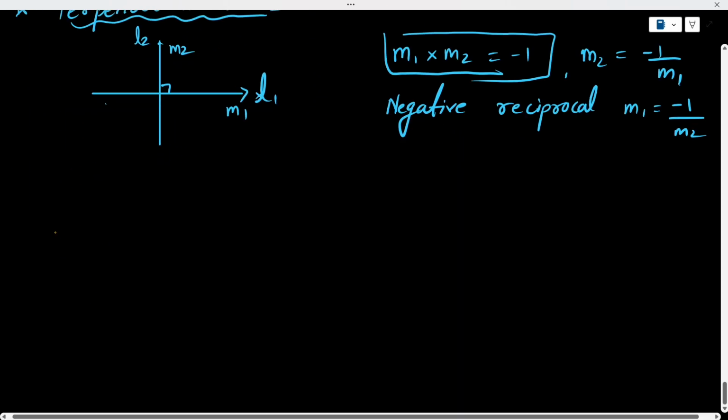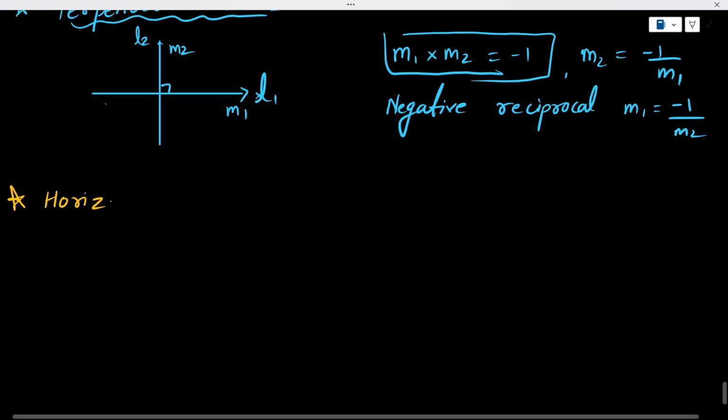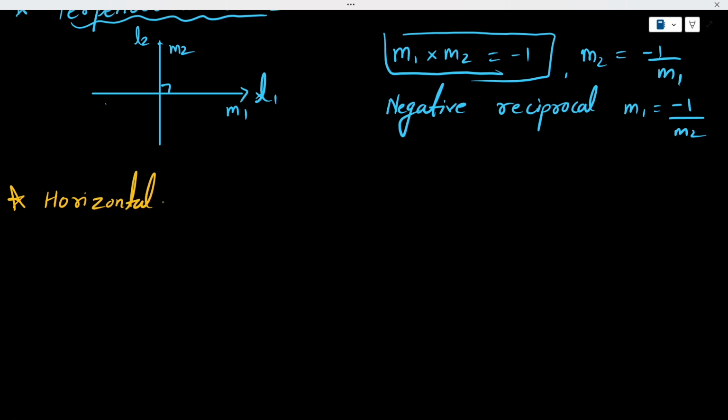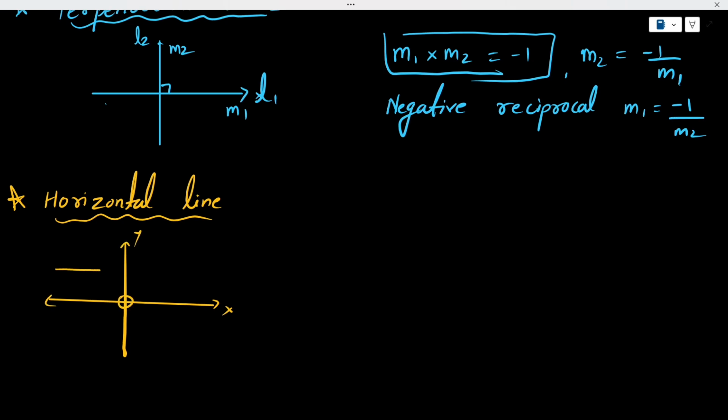Now, how do we find the gradient of a horizontal line? You know that horizontal lines are parallel to the x-axis. If this is the x-axis and this is the y-axis, and this is any line parallel to the x-axis, whether above or below, in the positive or negative direction of y.